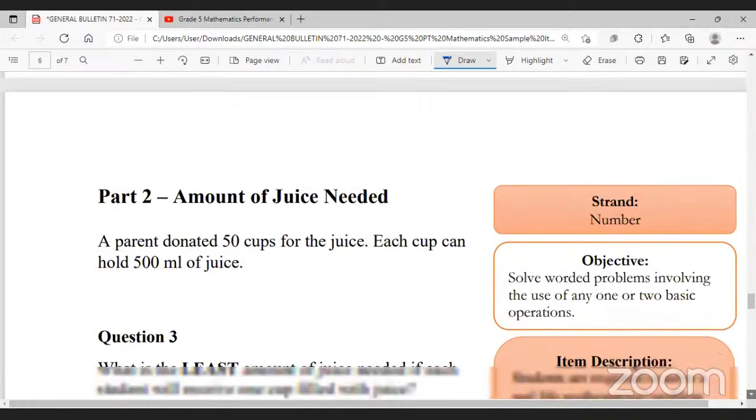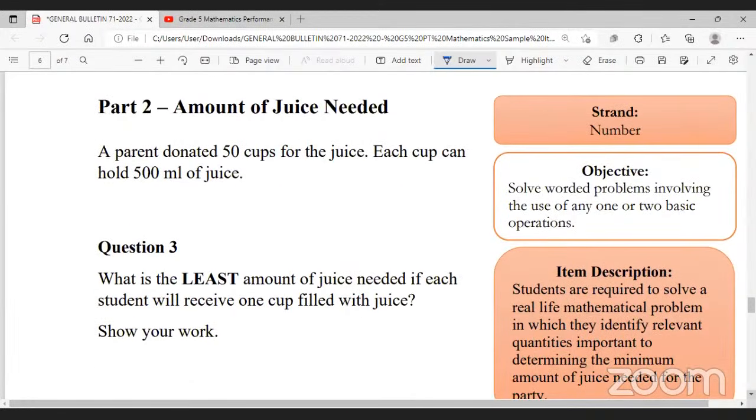All right, so let's move on to part 2. Now, part 2 has to do with the amount of juice needed. The objective for this question is to solve worded problems using one or two basic operations.